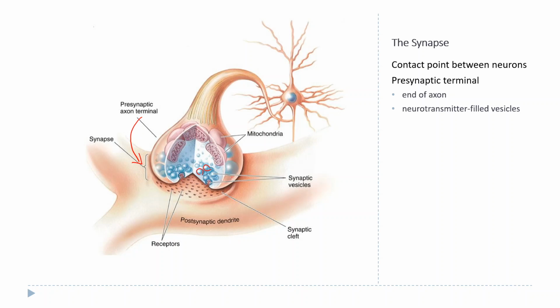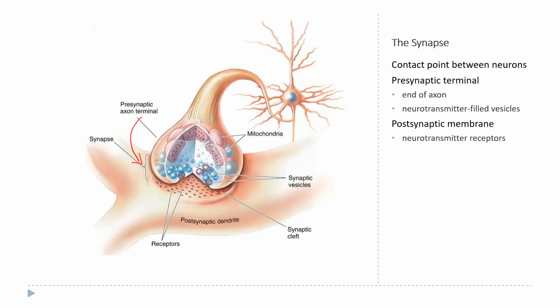So when one neuron communicates with another, these synaptic vesicles fuse with the membrane, and the neurotransmitters diffuse into this space between the cells called the synaptic cleft. They travel across the synaptic cleft and bind to proteins on the membrane of the postsynaptic cell, which can be another neuron or a muscle, depending on the type of cell.